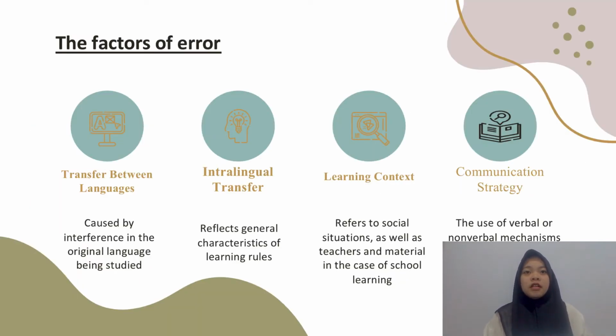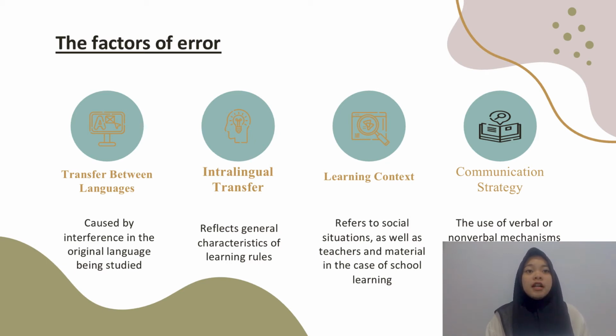And next, the factors of error. There are four factors of error. First, transfer between languages, caused by interference in the original language with the language being studied. Second, intralingual transfer, which reflects general characteristics of learning rules.